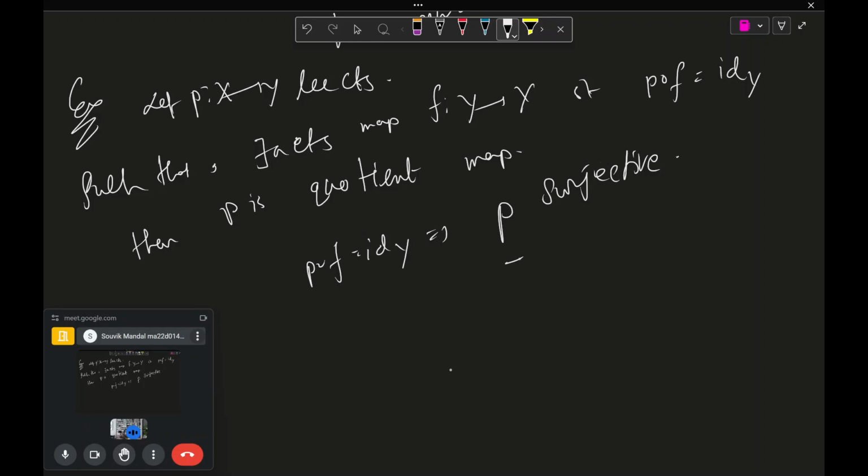And of course, p is continuous, it is given. Now we need to show that for U a subset of Y, U is open. It is enough to show that if p inverse of U is open, this implies U is open, right?